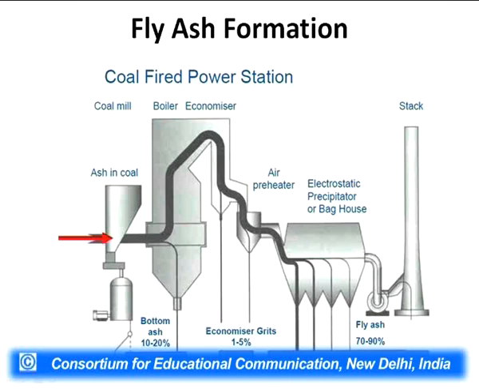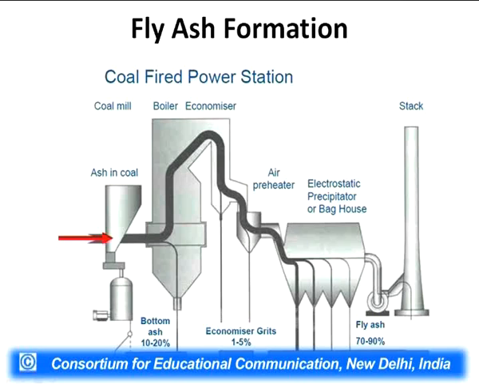So you can see here the coal is pulverized, and from there it goes to the boiler, and from the boilers it goes to different chains of electrostatic precipitators or bag houses. There it is settled to the ground, or separated from the flue gas.